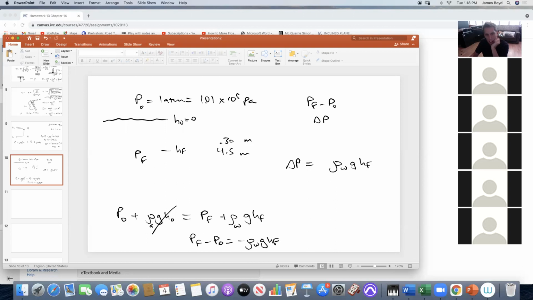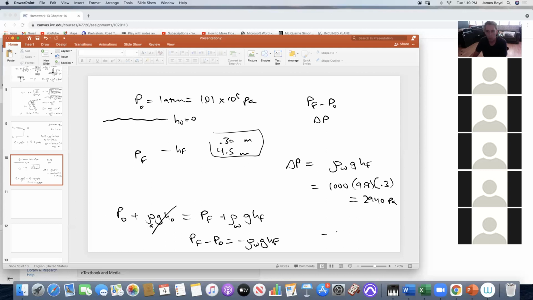But these will be negative for h final, so the negative sign will go away and we'll just treat these as normal numbers. Okay, density of water is 1,000 kilograms per meter cubed, gravity 9.8, h final is 0.3. What does that change? They wanted in atmospheres. I'll show you how to do that in a second, but times 9.8 times 0.3 is 2940 pascals.